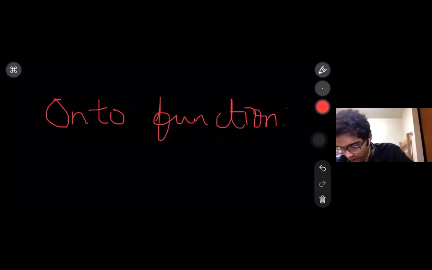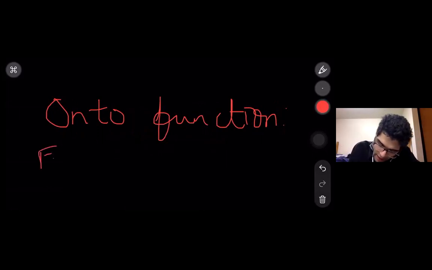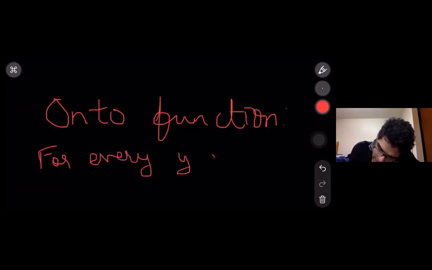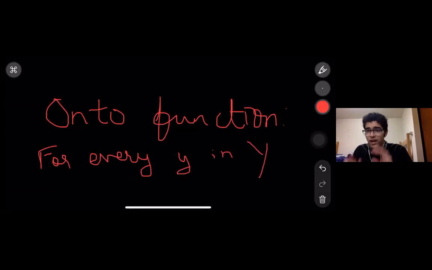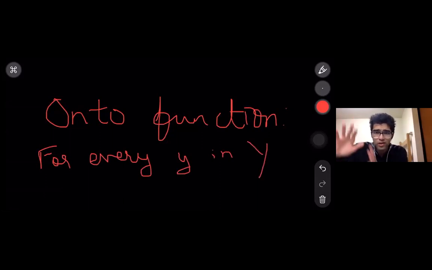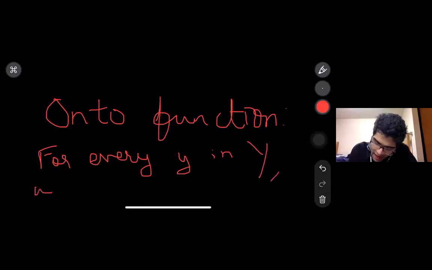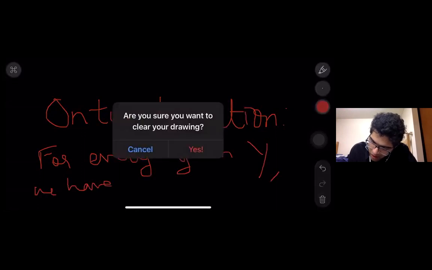This is how you define it: for every small y in big Y, there might be y1, y2, y3, all of those things. So for every y in our codomain, big Y, we have, actually let me write it on a new page.